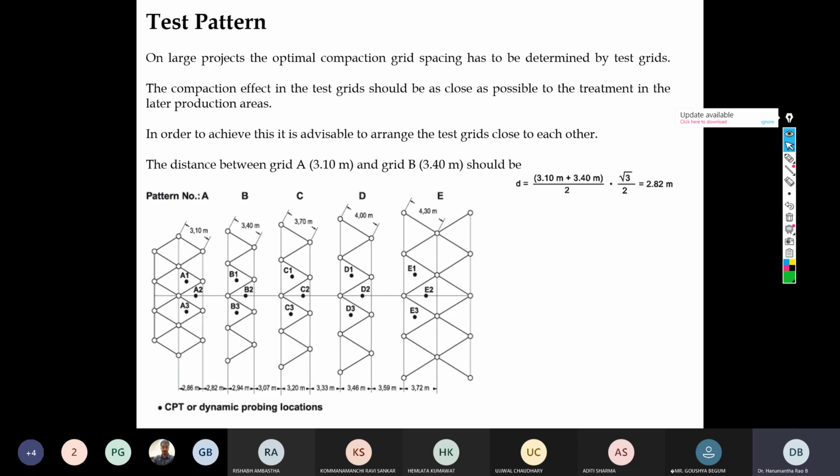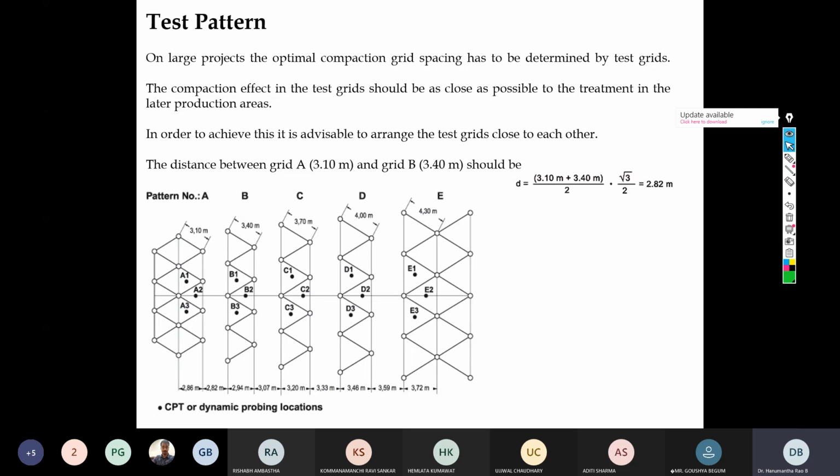So once the designer submits his design guidelines, the field engineers on site must reassess and find out the optimum grid spacing and what kind of pattern they should follow in the ground. That is what a test pattern is. A couple of test patterns are shown here.